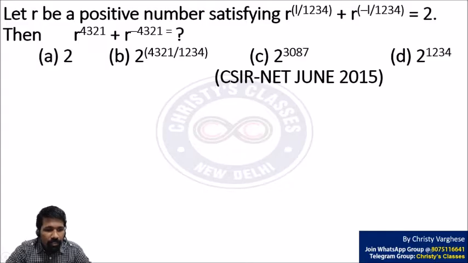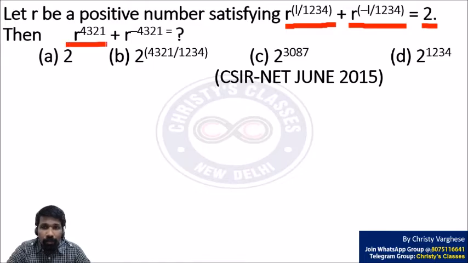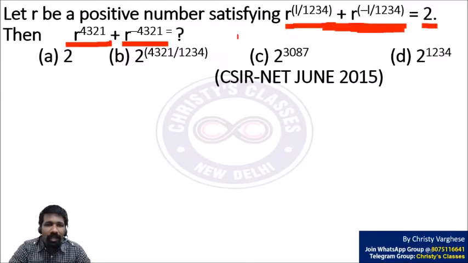Here the question is asking, let R be a positive number satisfying R raised to 1 by 1234 plus R raised to minus 1 by 1234 equal to 2. Then R raised to 4321 plus R raised to minus 4321 is what? So here solving mathematically is not the idea. Logically think about it. Taking example method is the best method.